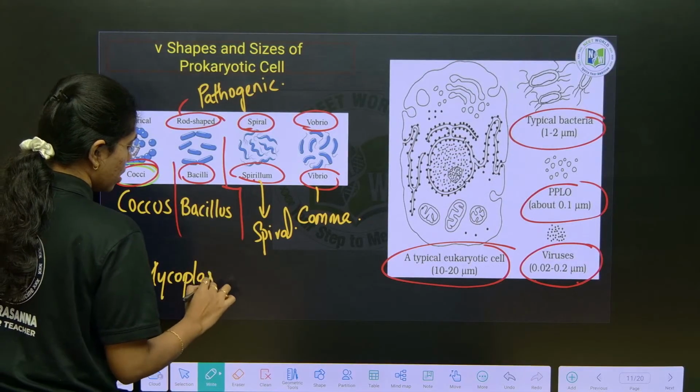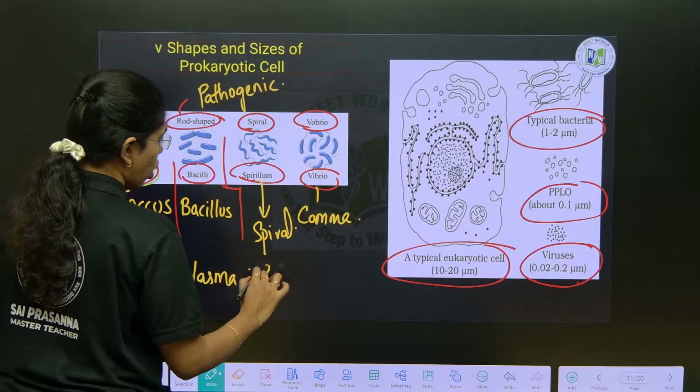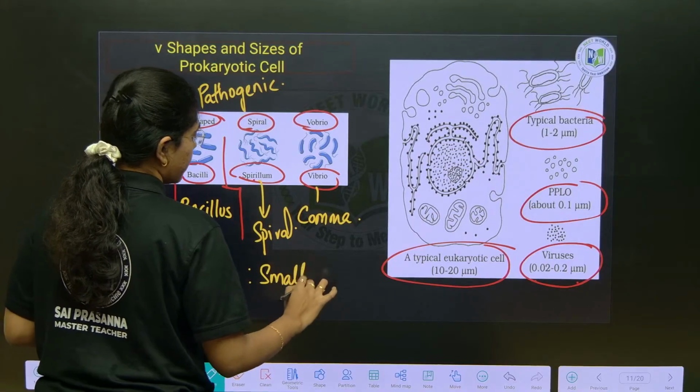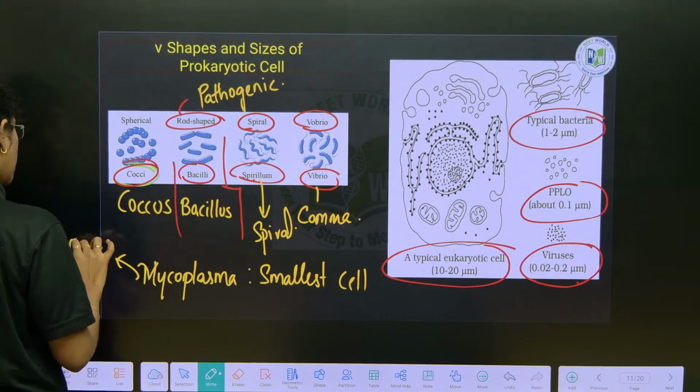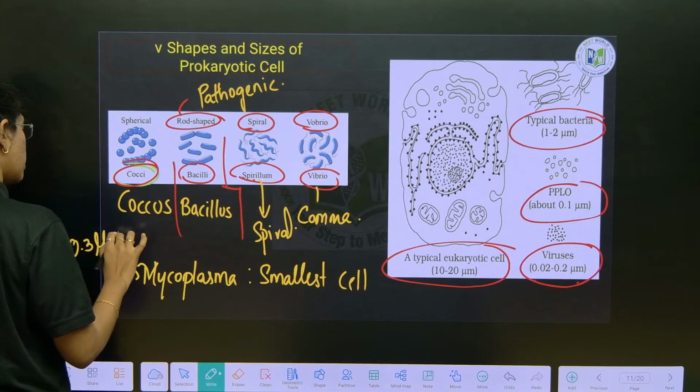Mycoplasma is the smallest cell, which is just 0.3 micrometers in diameter.